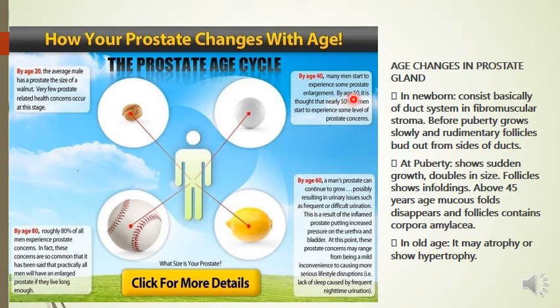And by the age of 50, it is thought that nearly 50% of men start to experience some level of prostate concerns because there is slight enlargement, right? And by the age of 60, a man's prostate can continue to grow, possibly resulting in urinary issues, because the base of the prostate is related to the neck of the urinary bladder and the urethra passes through the prostate.